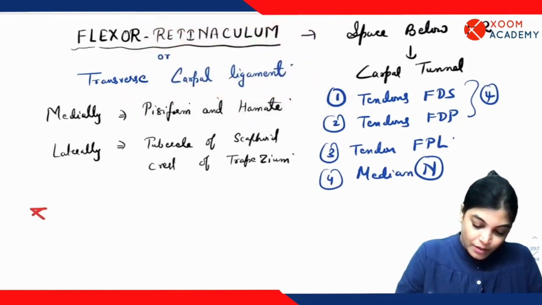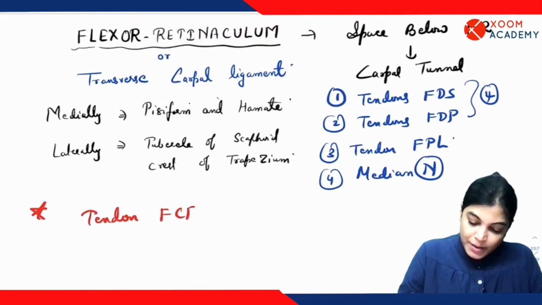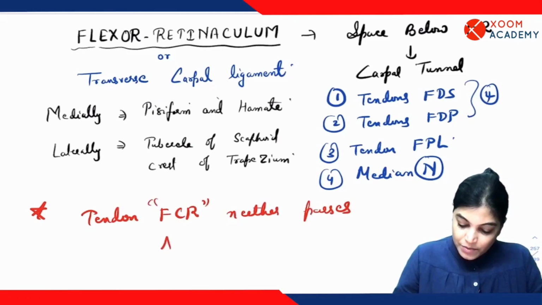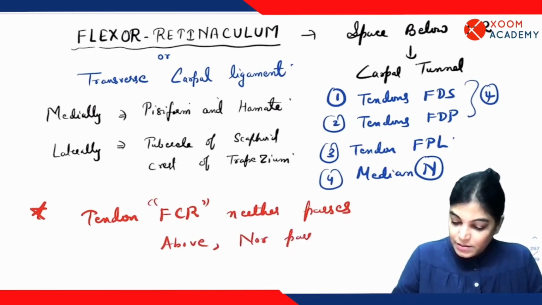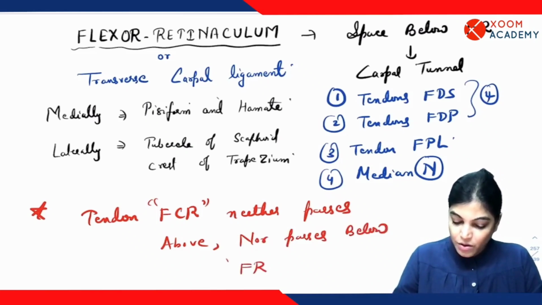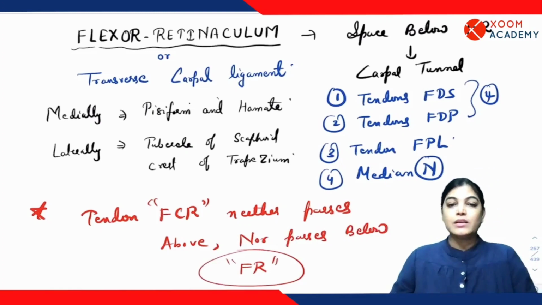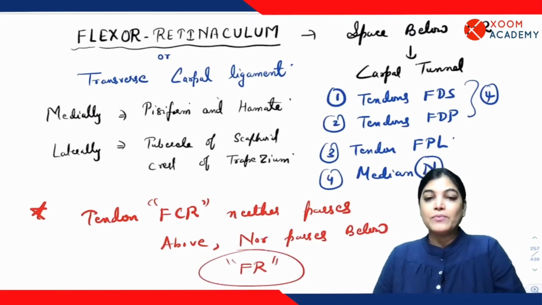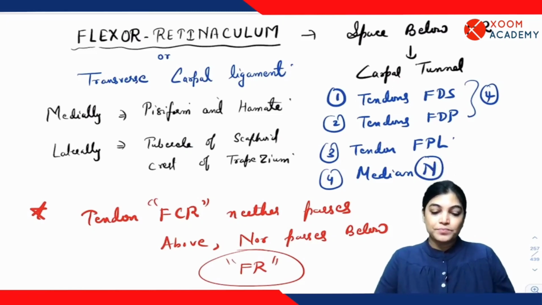Please note down: the tendon of flexor carpi radialis neither passes above nor below the flexor retinaculum. The FCR tendon is neither passing below nor above the flexor retinaculum. This is very important.